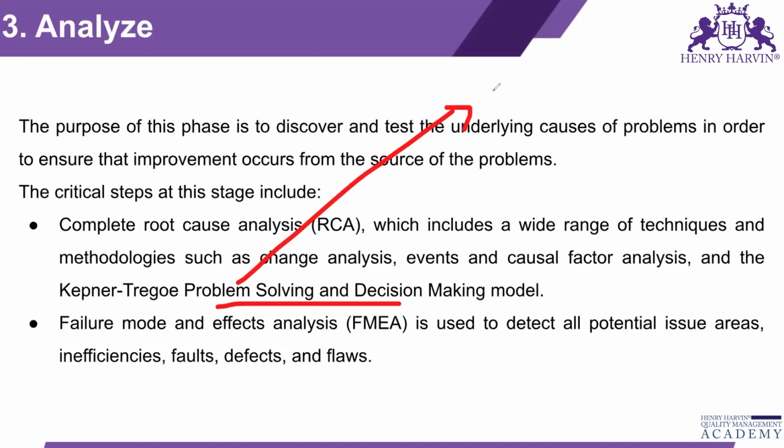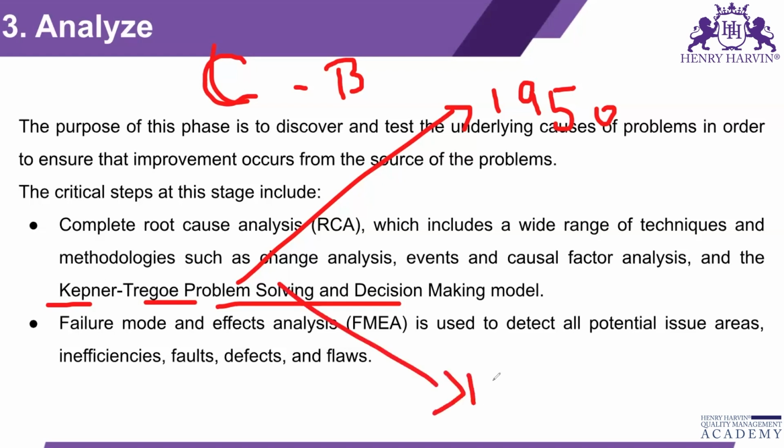All right. A little bit about Kepner-Tregoe. It is a decision-making framework that helps us to solve problems. It was developed in the 1950s by two people, Charles Kepner and Benjamin Tregoe. Their surnames are Kepner and Tregoe.